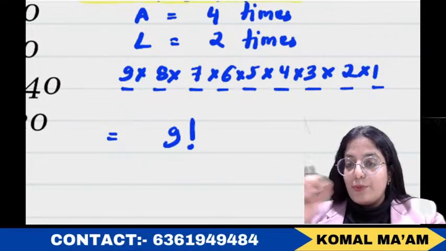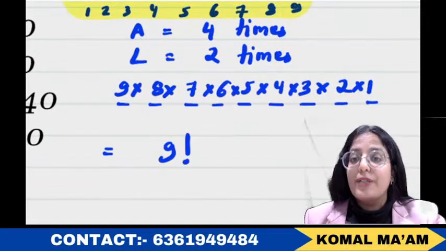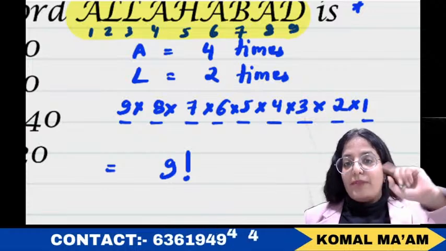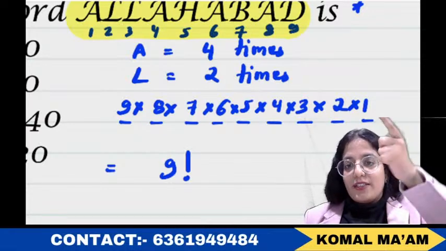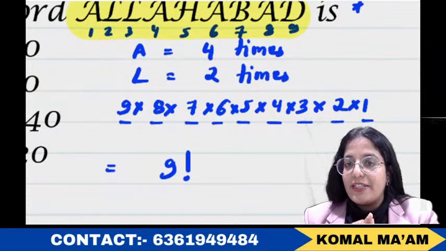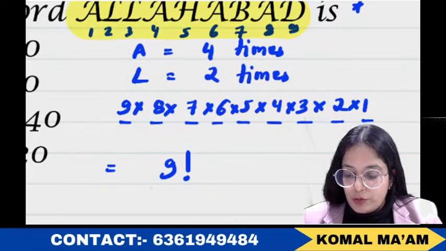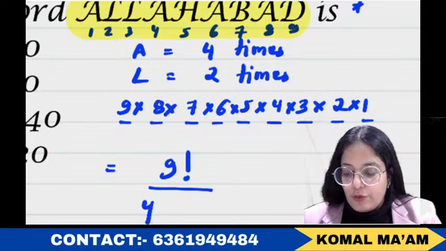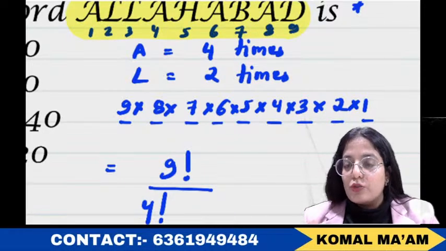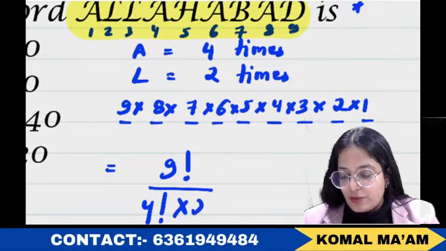Now we have already put a star indicating that there is a repetition. What do we do for the repetition? Number of times it repeats, we divide by its factorial. So 9 factorial will get divided by 4 factorial, since A is coming 4 times. Then L is coming 2 times, so we'll divide by 2 factorial as well.